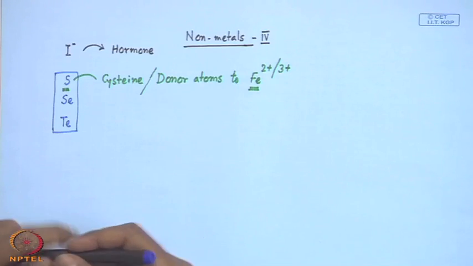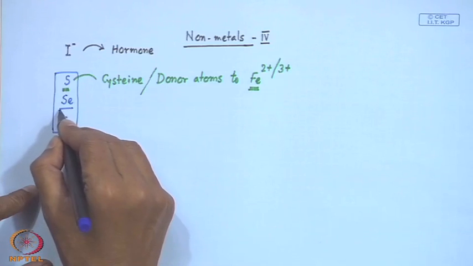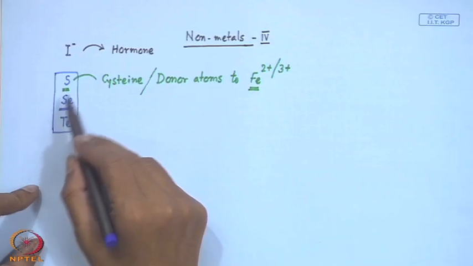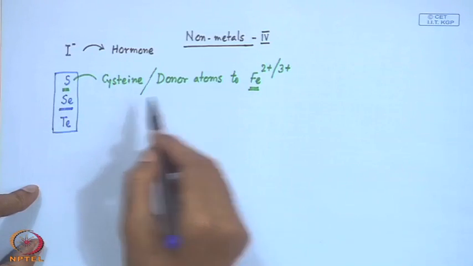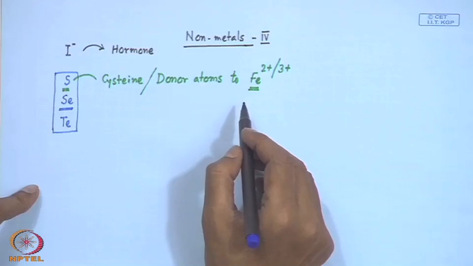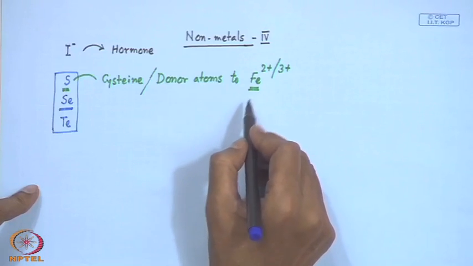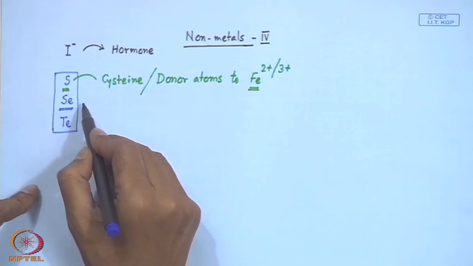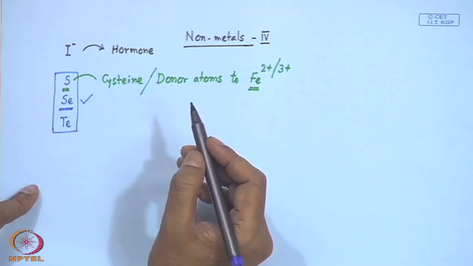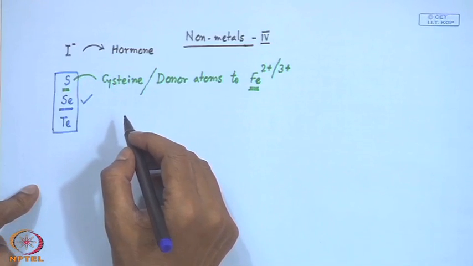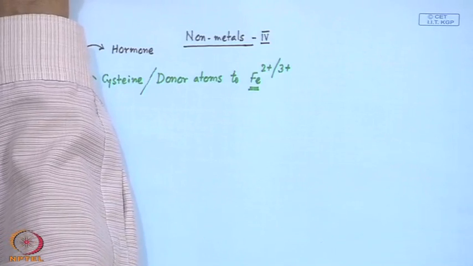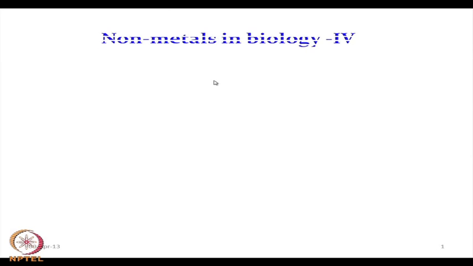Compared to that, the nature of the selenium atom is relatively different from sulfur, and when selenium is taking control of these things, we will not talk in terms of its binding or coordination to any such metal center like iron in the ferrous or the ferric state, but the individual thing, that means how this selenium atom can control several biological reactions.